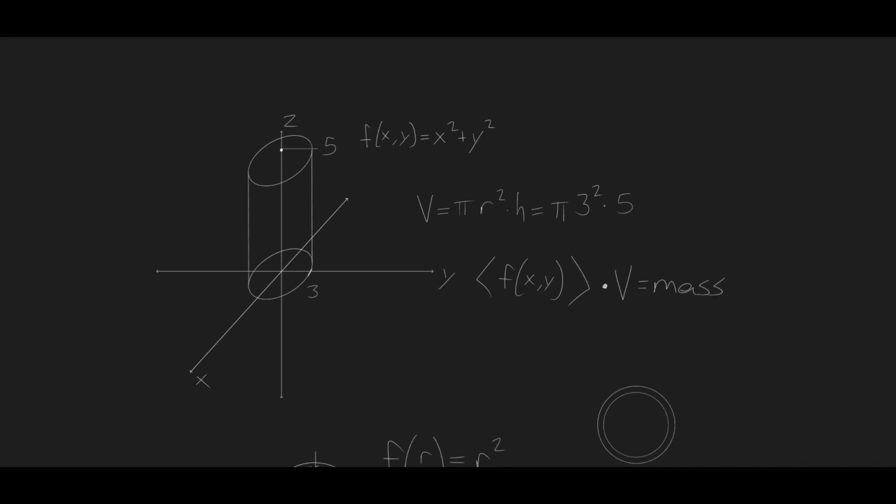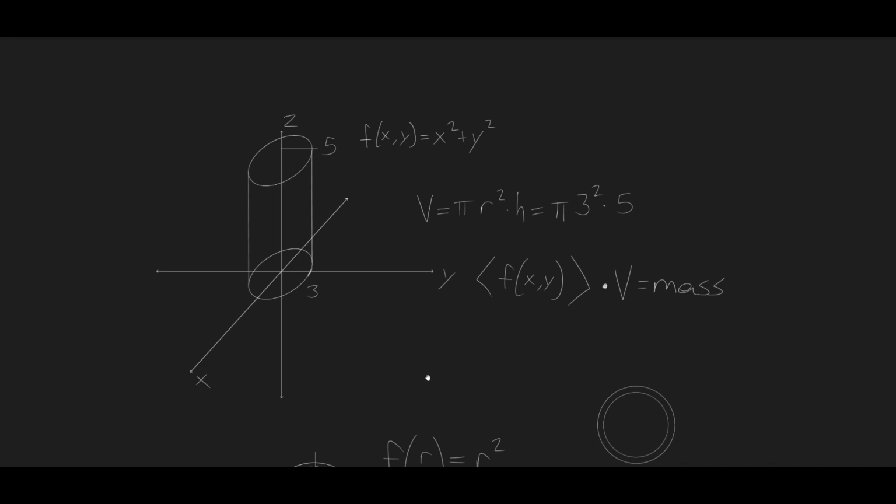We can rewrite a new function, f of x, y, which is equal to x squared plus y squared, like our old one. And the volume of this cylinder will be pi r squared times h, or pi times 3 squared times 5, because we have a radius of 3 and a height of 5.